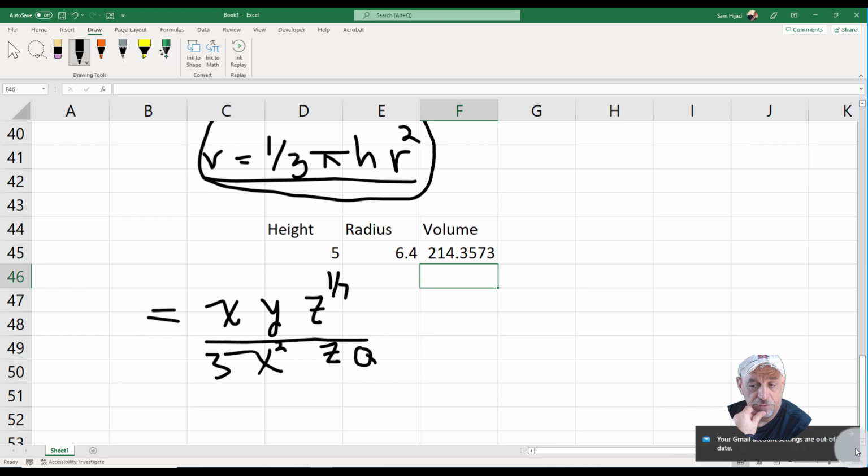The value of this is going to be, let's say, v.